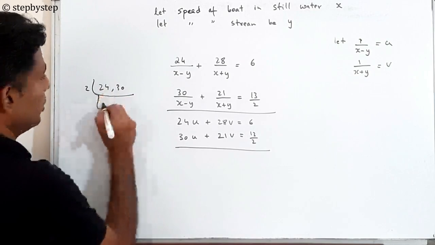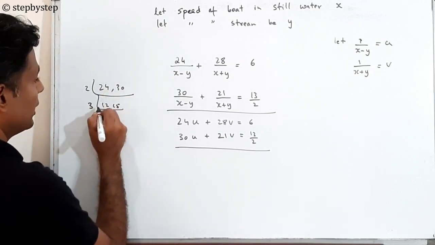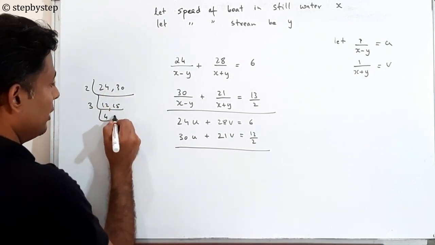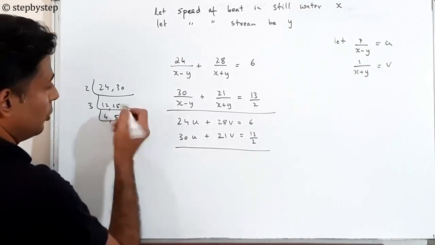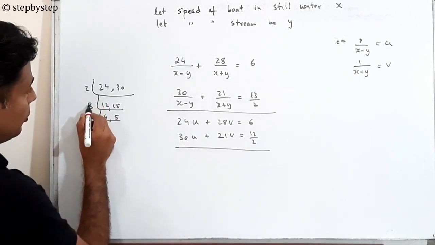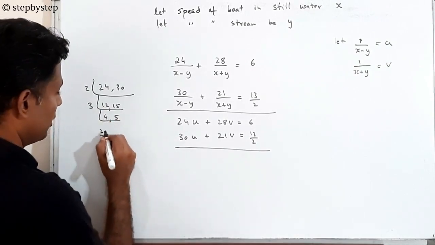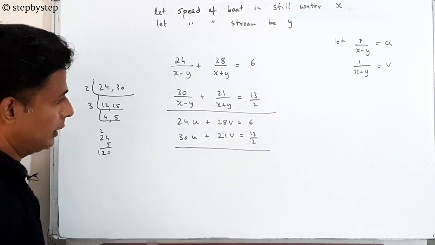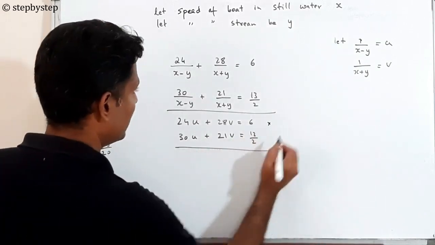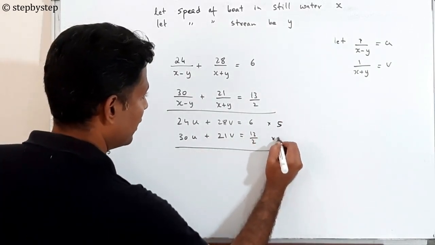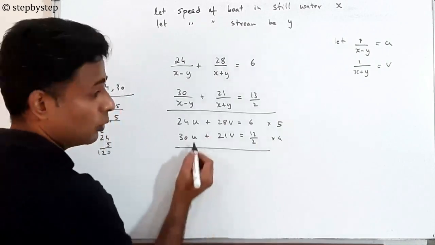So 2, 12 and 15; so 3, 4 and 5. Okay, this will be the thing: 2 3s are 6, 6 4s are 24, 24 into 5, 120. So here I have to multiply by 5 and here I have to multiply by 4 to make the u terms equal.